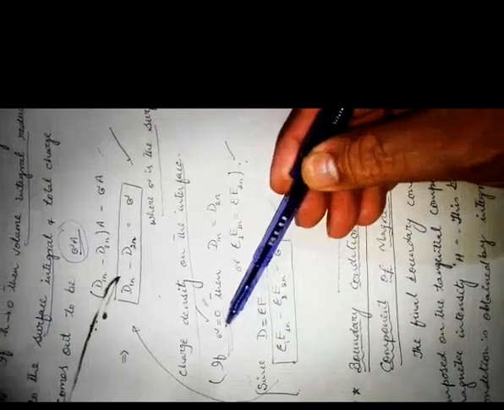So if the interface is charge free, then the normal components of the displacement vector become equal if we substitute 0 here. And if the permittivity of medium 1 is epsilon 1 and the permittivity of medium 2 is epsilon 2, we can rewrite this equation as epsilon 1 E1n equal to epsilon 2 E2n.